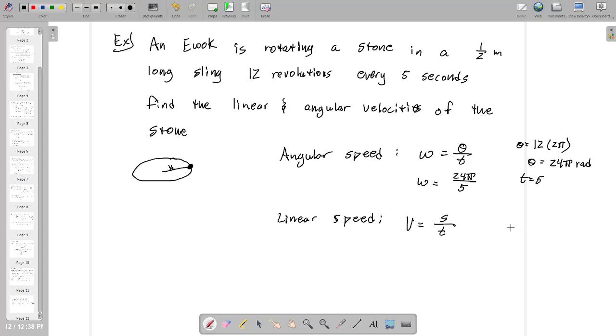Remember that s is equal to theta times r, where theta is in radians, not degrees. 12 revolutions is 24 pi radians, so theta will be 24 pi. R is going to be 1/2 because we have a 1/2 meter long sling. That's our radius. So s will be 12 pi.